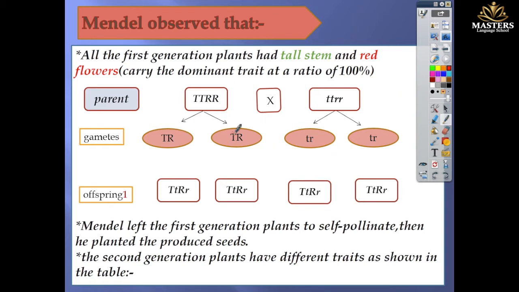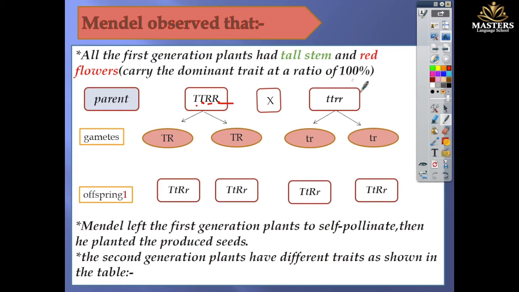After that, we will make the gametes. How can we write the gametes? We will take the first factor of the tall stem with the first factor of red flower, so it will be T capital, R capital. The second gamete will be second factor with second factor, T capital, R capital.